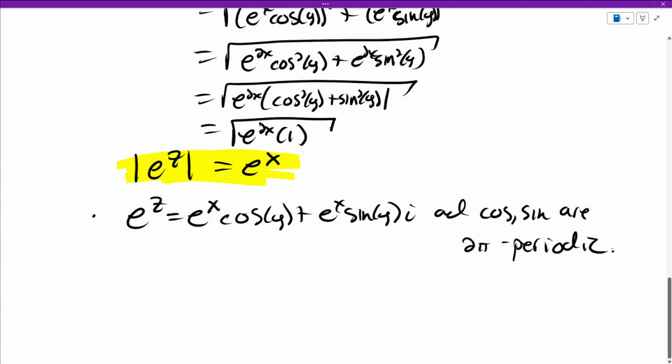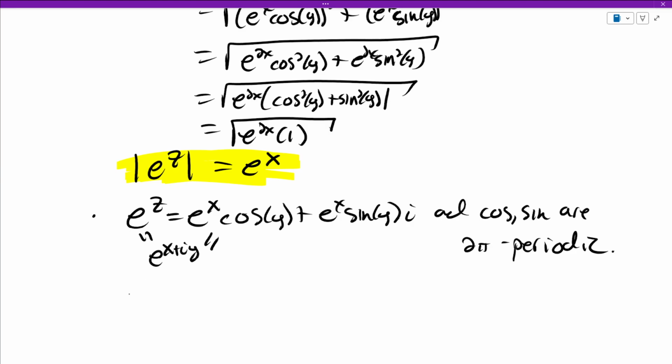Right? So what does that tell us? It tells us that the complex exponential function is also 2 pi periodic, but 2 pi what periodic? Well, I did want that iy here. Let's put it back in. y, the imaginary part of z, is what we're plugging into cosine and sine. So the imaginary part is what is 2 pi periodic.